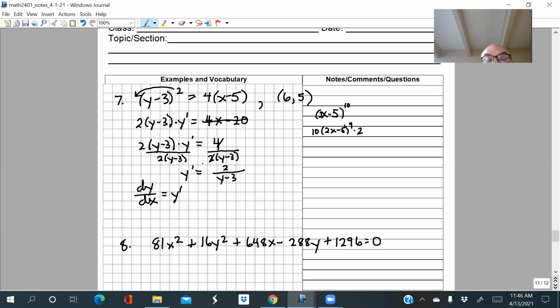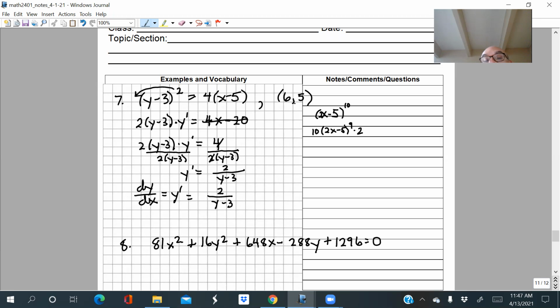So that's it. There's your expression for y prime. Interesting, notice that expression doesn't even have an x in it. I guess it's not necessary. Now, that was only part of the problem. We wanted to find the equation for the tangent line at this point, 6, 5.